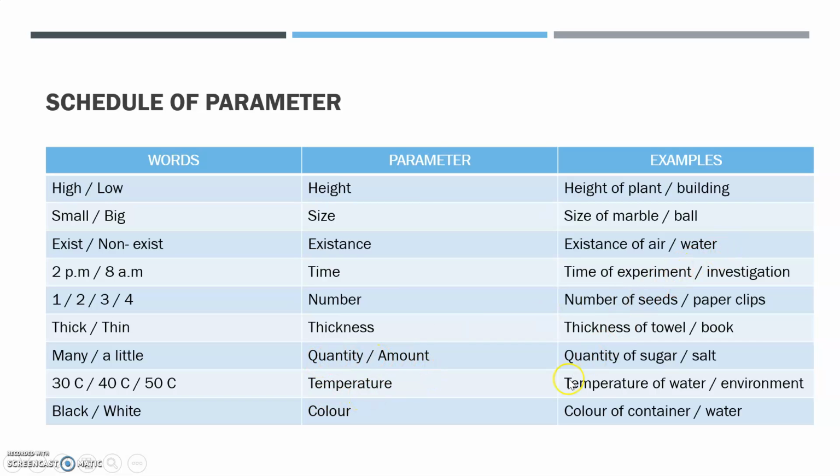Okay, how to use it: temperature of water or temperature of environment. Okay, suhu air atau suhu persekitaran. Alright, and then the last one is black or white. Okay, the suitable parameter is color. Alright, example, color of container or color of water. Warna bekas atau warna air.